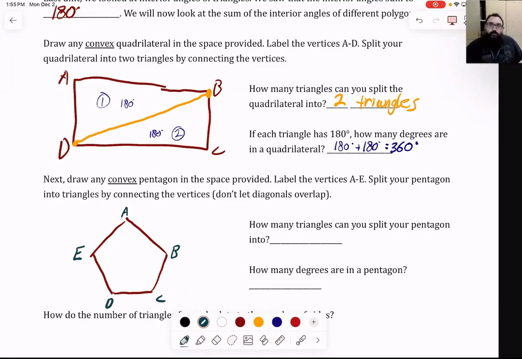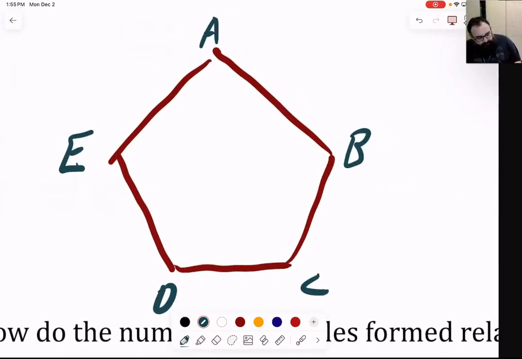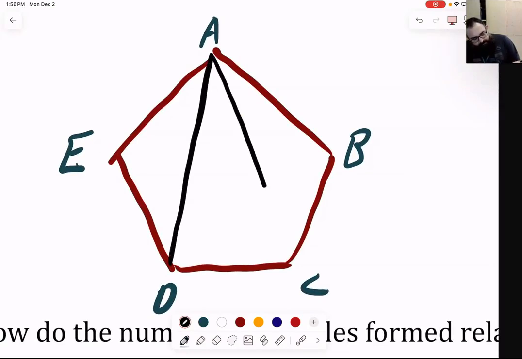Don't let the diagonals overlap. So how many triangles can I split this into? 3. Here and here. 1, 2, 3. There's no overlap.